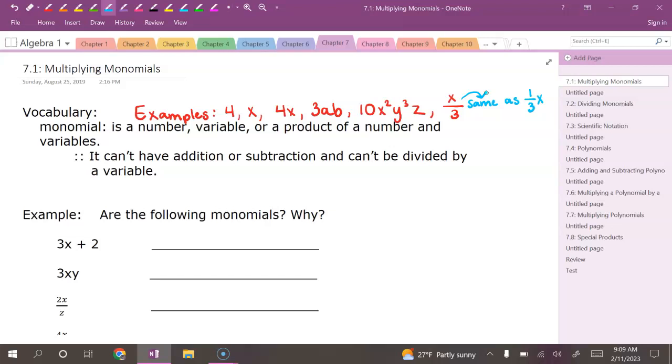The really big thing that we have to make sure of when we're dealing with monomials is that we don't break a couple of rules. Those rules are that you can't have addition signs, you can't have subtraction signs, and you can't be dividing by a variable. Okay? So here are some examples of things that are not monomials.